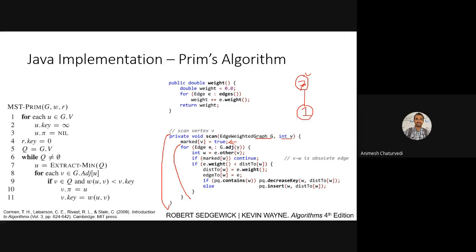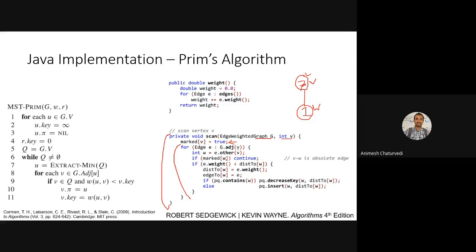It will find the edge, like this was the edge, with W. We can say this is V and this is W. So this was the W. It will check whether W has been marked as true or not.